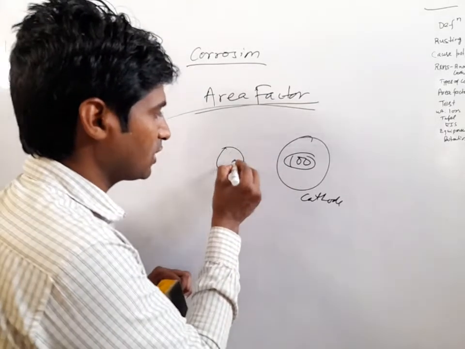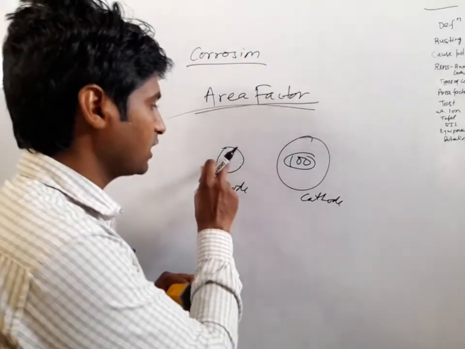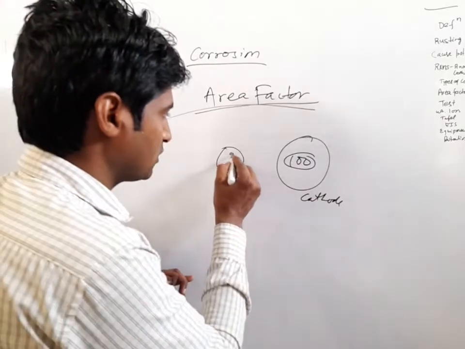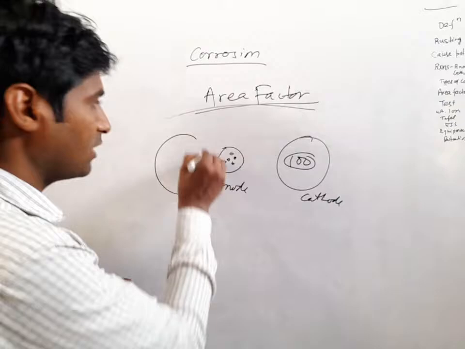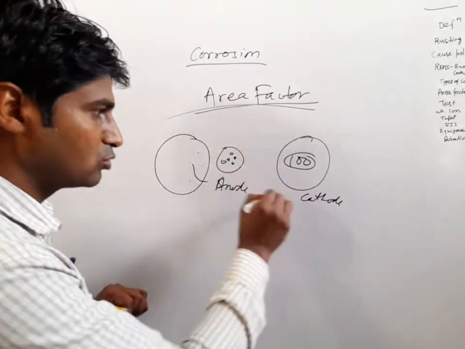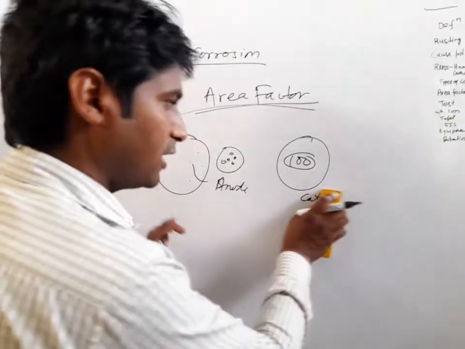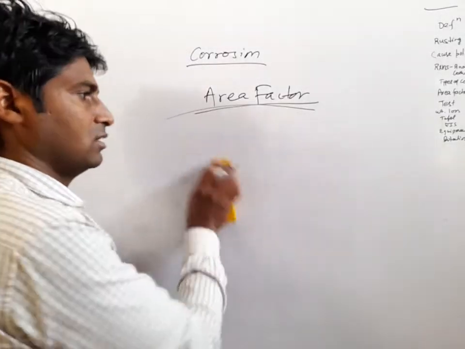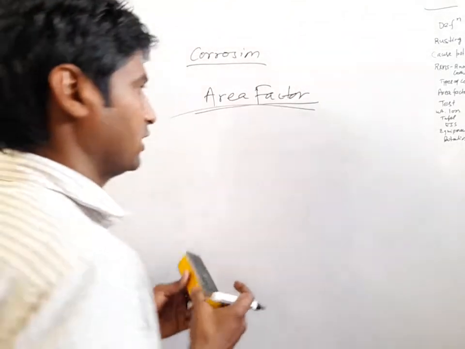Because this anode area is very small, the rate of supply of electrons, that is the process of corrosion, will be very fast at this area. Whereas if this is a large part, it will supply the electrons slowly to the cathode. That's why a large anode and small cathode is beneficial, or less detrimental, as compared to a small anode and large cathode area.